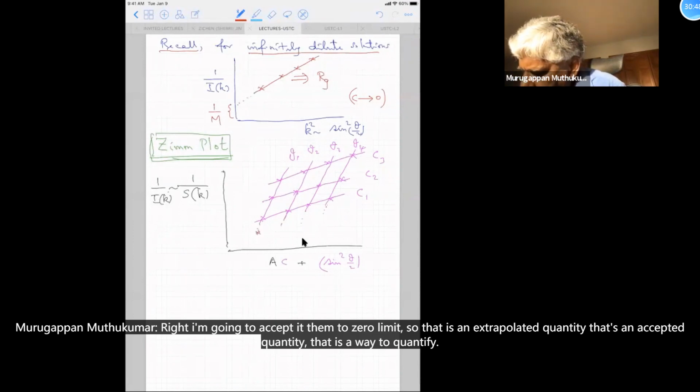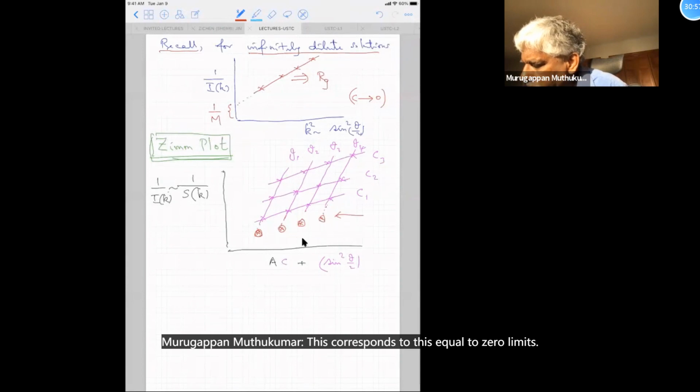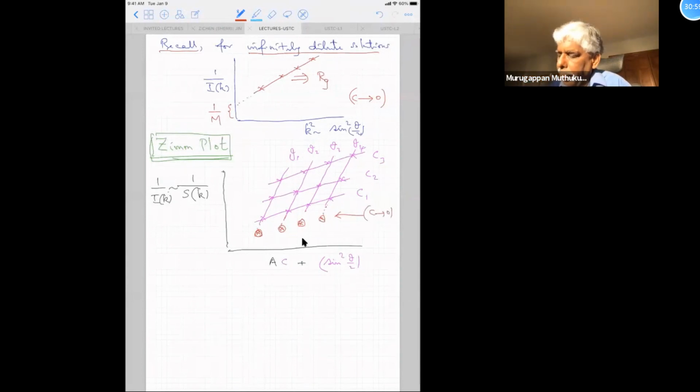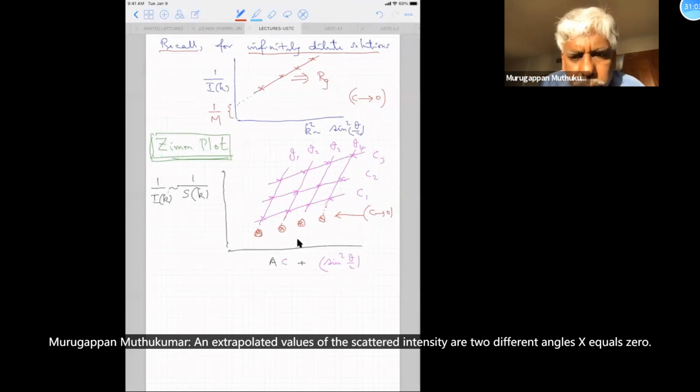So that is an extrapolated quantity, and that is an extrapolated quantity. This corresponds to the C equal to 0 limit. So I have extrapolated values of the scattering intensity at the different angles at C equal to 0.